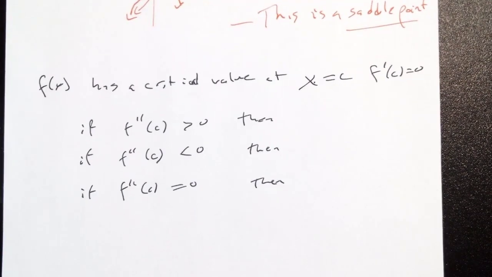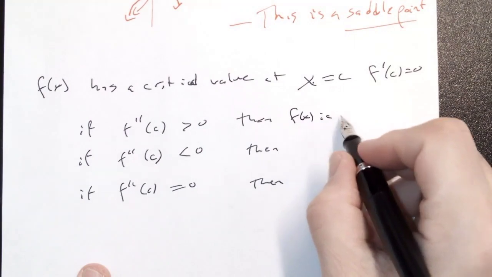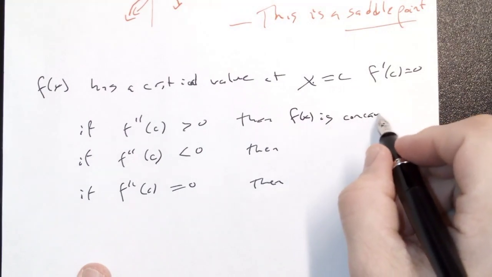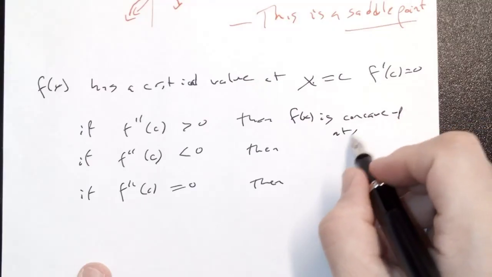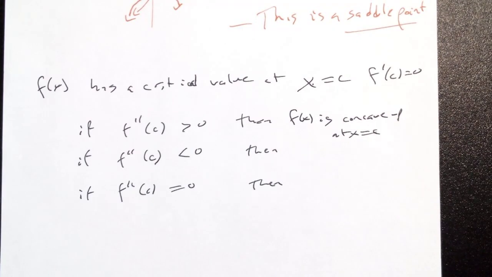What did we know? If my second derivative is positive, then my graph is concave up. And I wrote a little mnemonic device. How did I help you remember that?